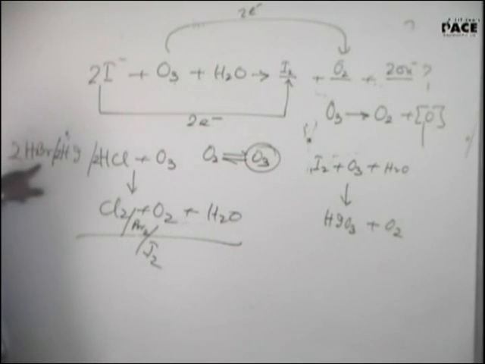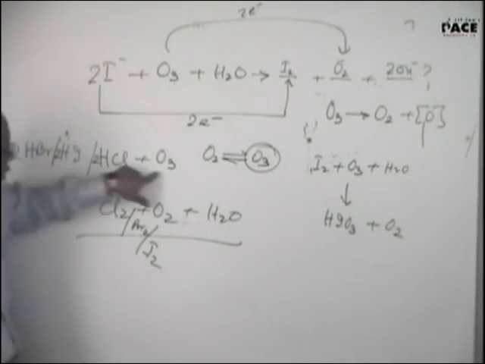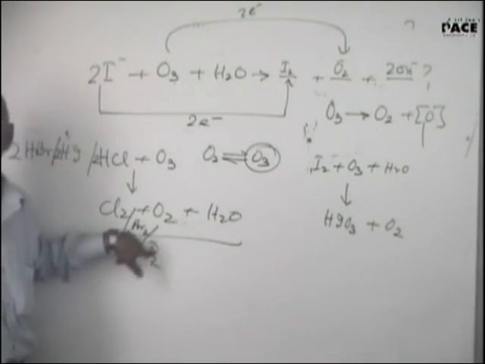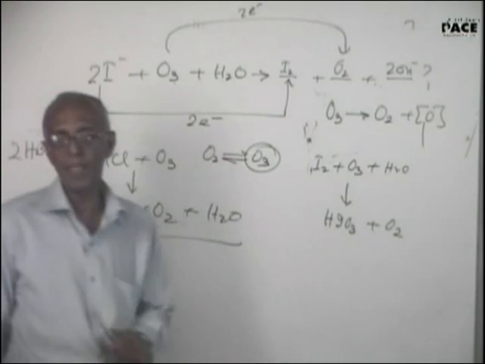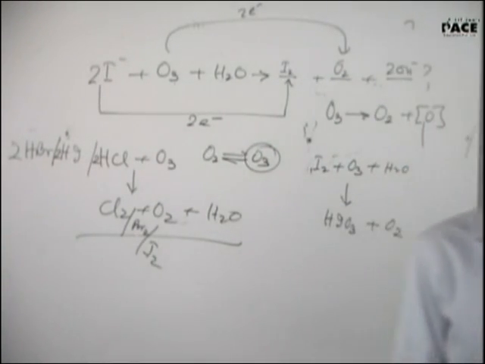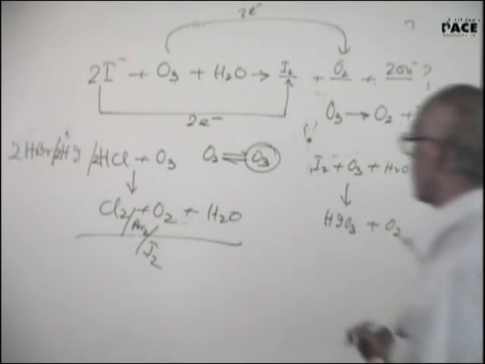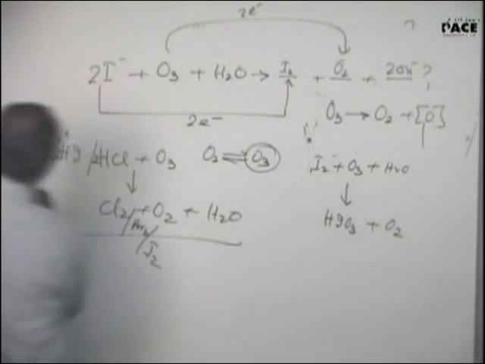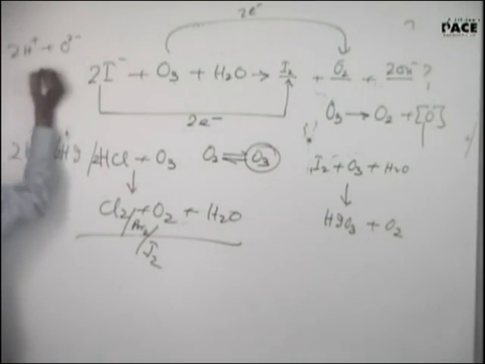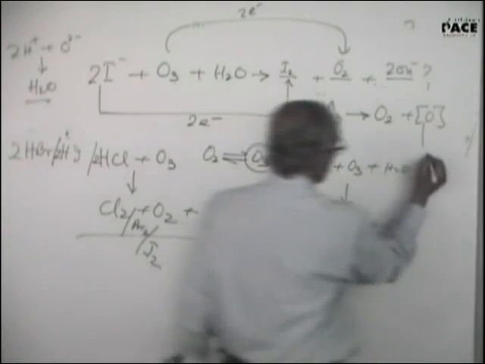So when you react HCl or HBr or HI, when you pass ozone, it will liberate chlorine or bromine or iodine at room temperature. And it will liberate oxygen and it will form water, because the 2H plus oxide ion gives me water. Yes.